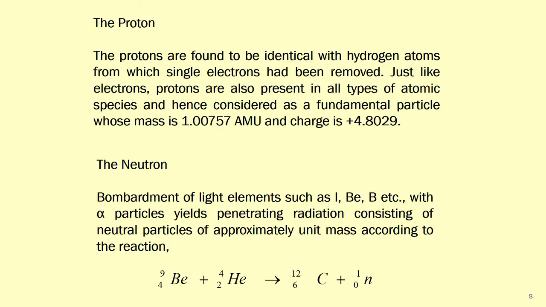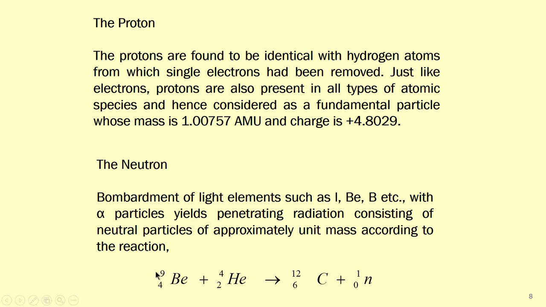postulation of neutrons. So, bombardment of light elements such as beryllium, boron, etc. with alpha particles yields penetrating power radiation consisting of particles which are neutral in nature. So, the mass of each neutron is also approximately equal to the proton, and the reaction can be represented like this.